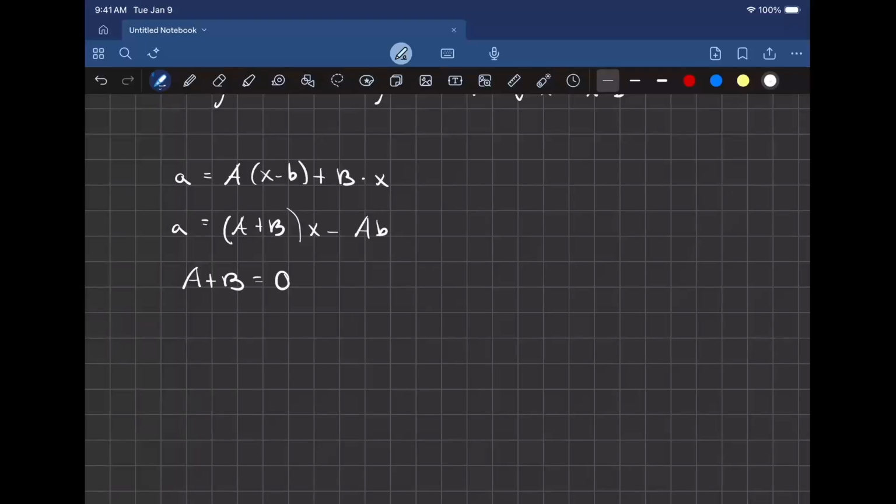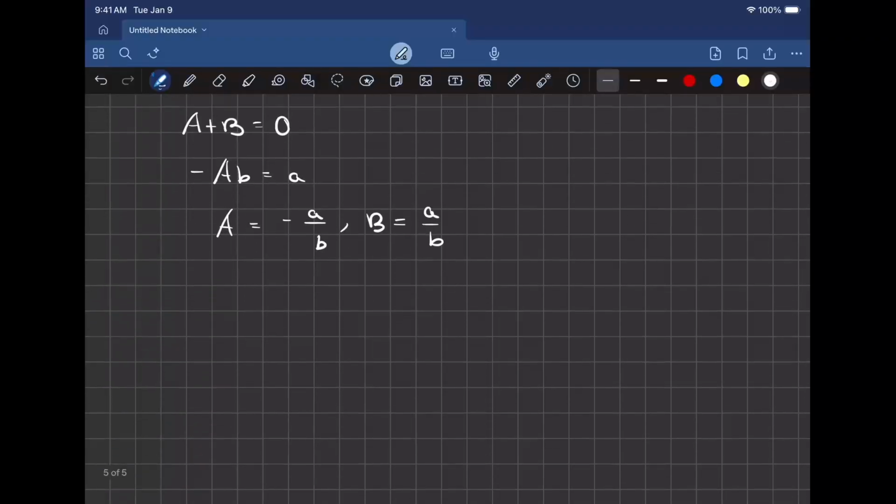And so negative AB is a. So A is just negative little a over little b. And then big B would be just little a over b, positive. Of course, here assuming that b isn't equal to 0.